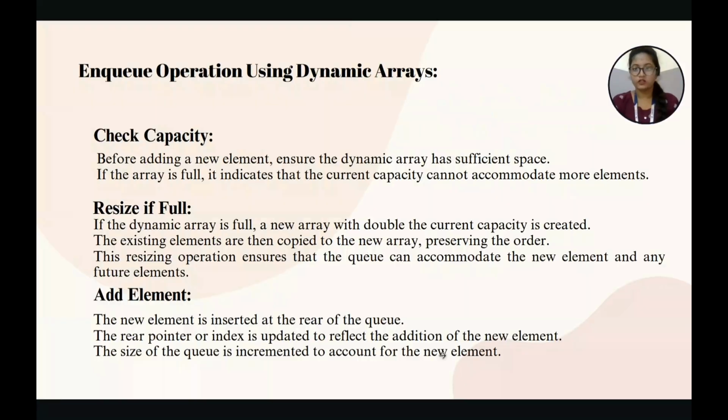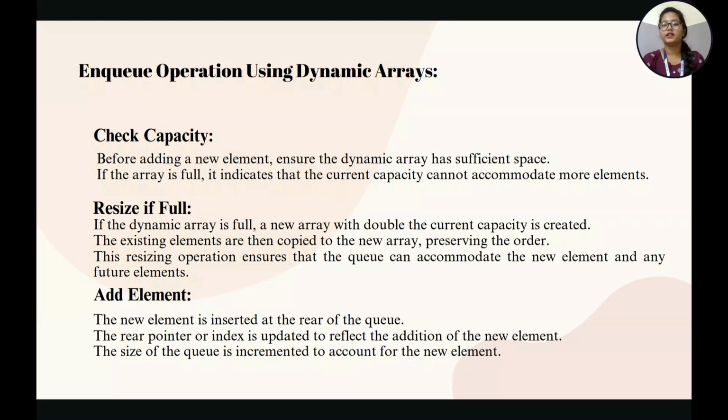The first operation is the insertion operation in a queue, that is the enqueue operation, using dynamic arrays. First one, check capacity. We should check the capacity of the queue before we add or delete. So before adding a new element, ensure that the dynamic array has sufficient space. If the array is full, it indicates that the current capacity cannot accommodate more elements.